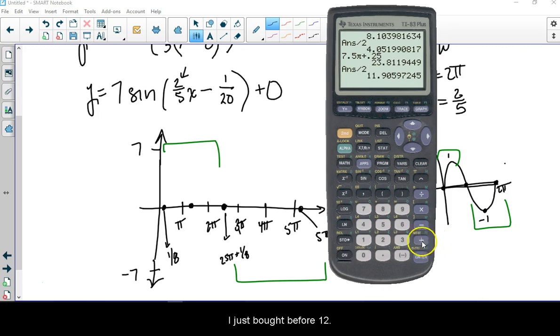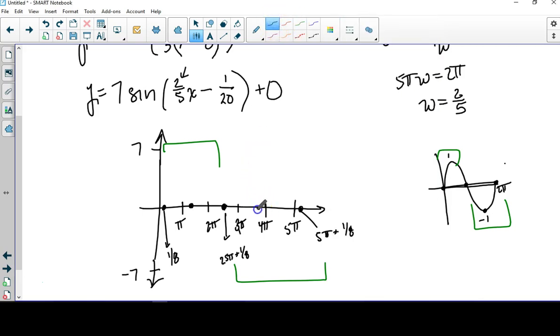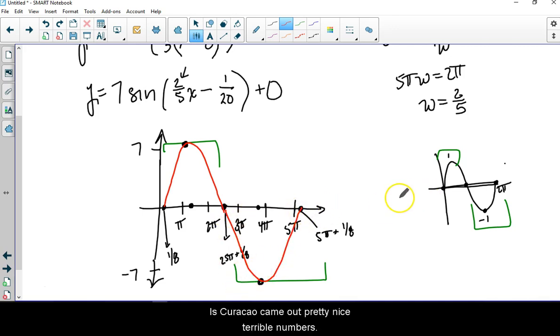Just about before 12, which would be right about here-ish. And actually, it should be up here, 7. And then this one would be down here at -7. And here, it's a terrible, terrible sine curve. Oh, well, actually, this curve itself came out pretty nice.